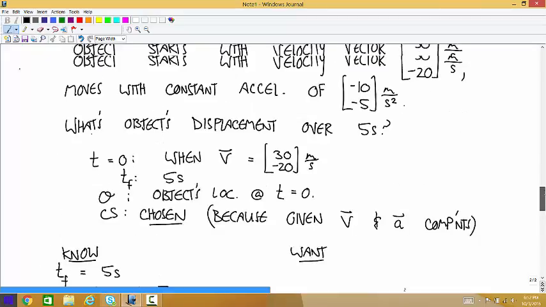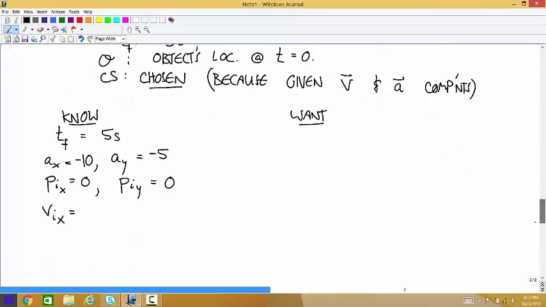VIX is given. That's 30. VIY is given. That's negative 20. And we're trying to calculate, I guess I skipped over the P final, PFX and PFY. We can just do them one at a time.